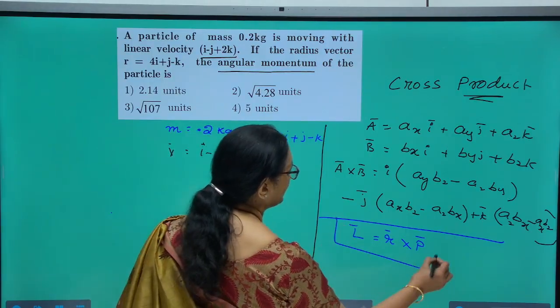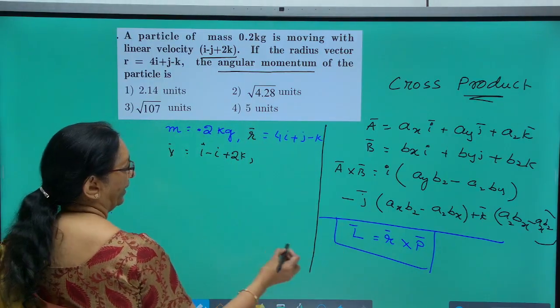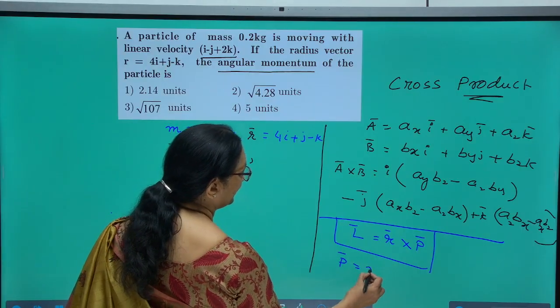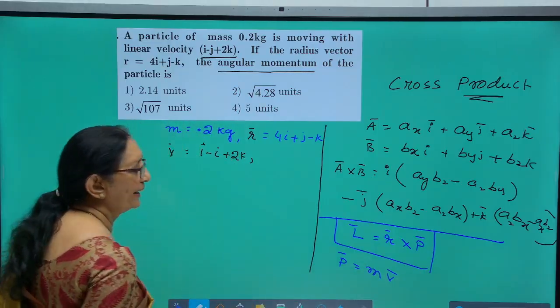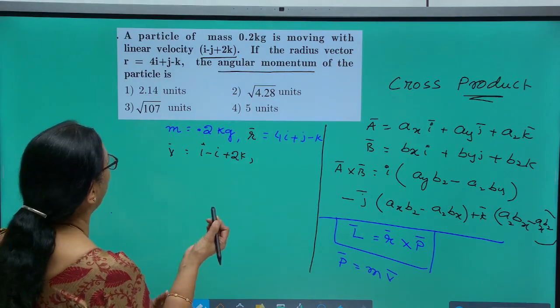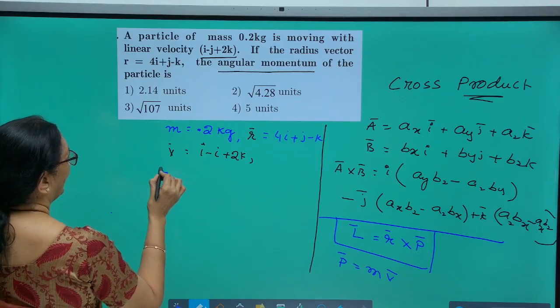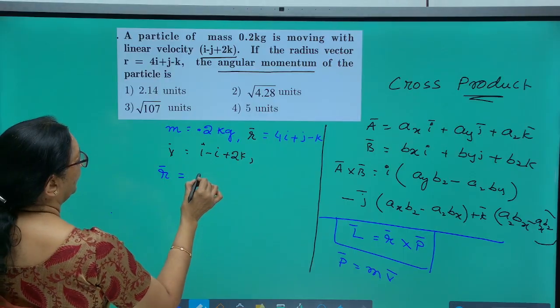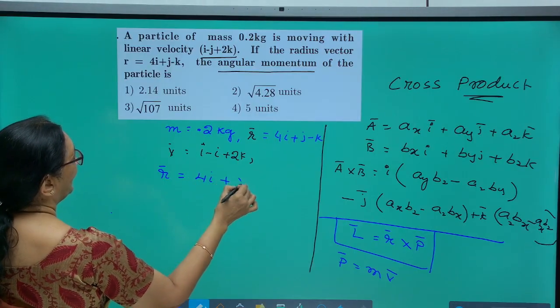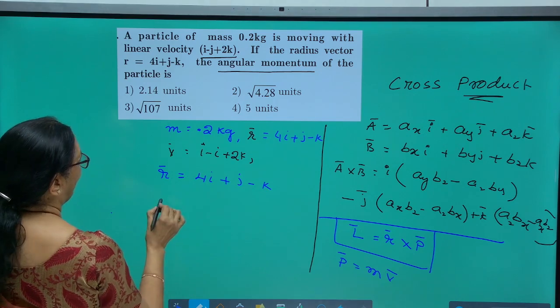We know P is equal to mv, so P bar is equal to m v bar. Let us write R bar is equal to 4I plus j minus k.